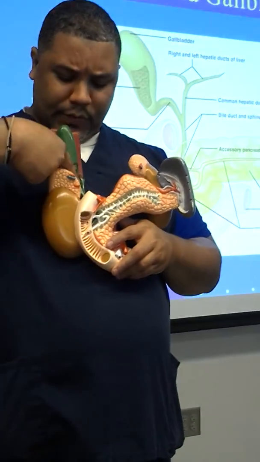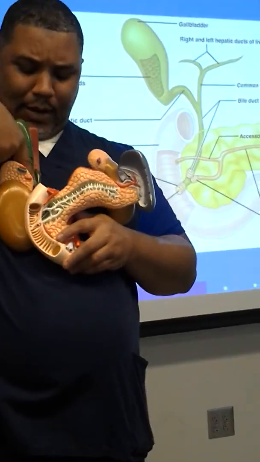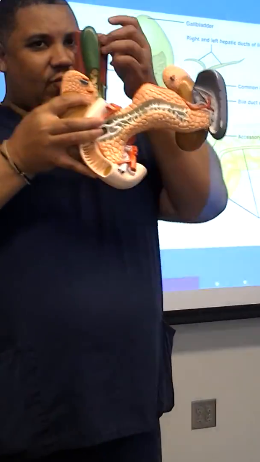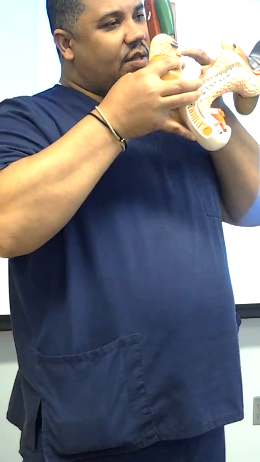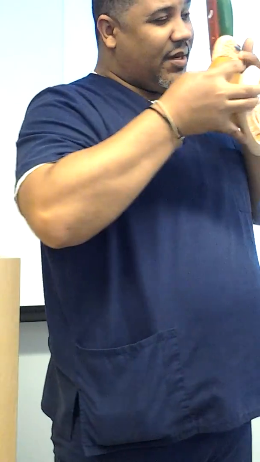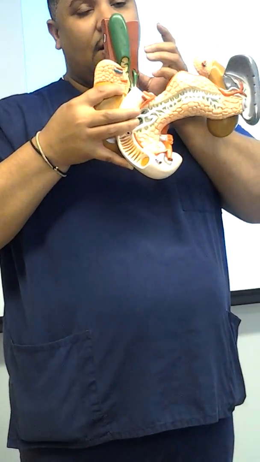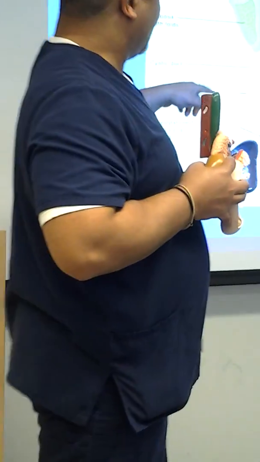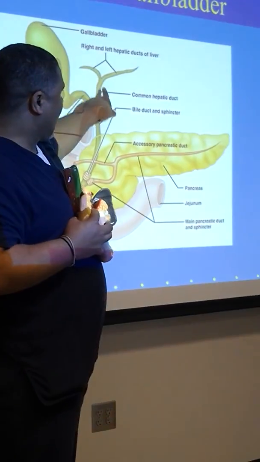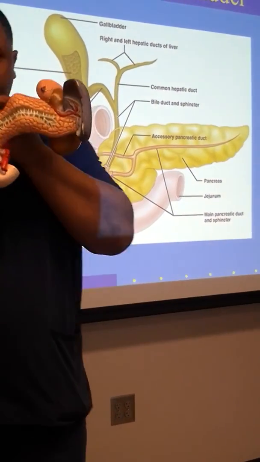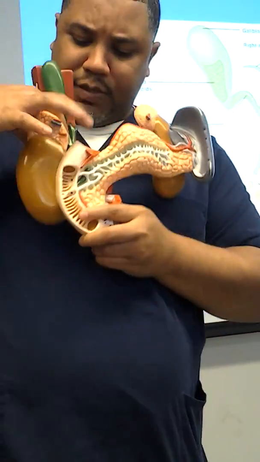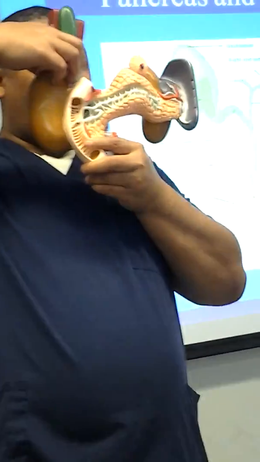Now, you'll notice that as the gallbladder goes down, there's a part of it that heads downwards, and then there's another part that comes off of this red area. This red area, of course, is the liver, and this green structure coming down off of the liver is called the hepatic duct. So you'll see here, hepatic duct, common hepatic duct. Now, the hepatic duct will then merge with this other duct right here that is coming off of the gallbladder.